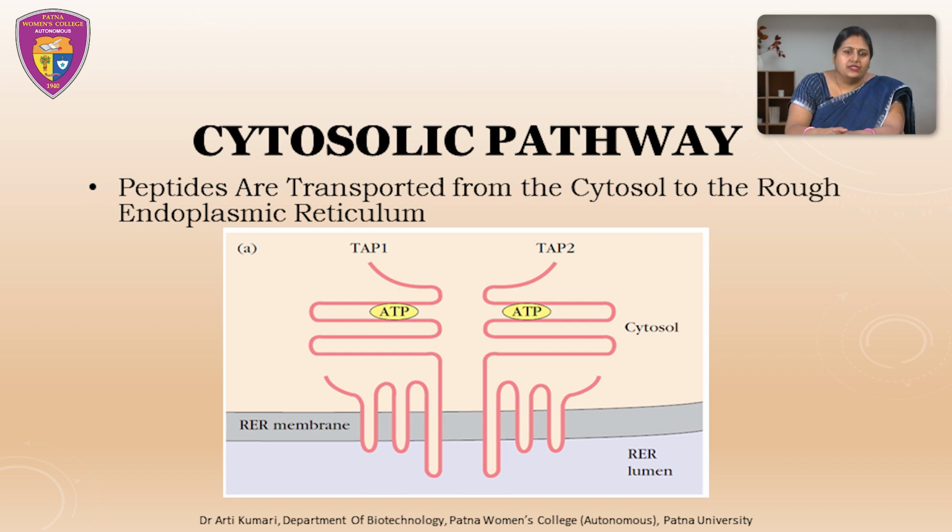TAP is a membrane spanning heterodimer consisting of two proteins, TAP1 and TAP2. In addition to their multiple transmembrane segments, the TAP1 and TAP2 proteins each have a domain projecting into the lumen of the RER and an ATP binding domain that projects into the cytosol.